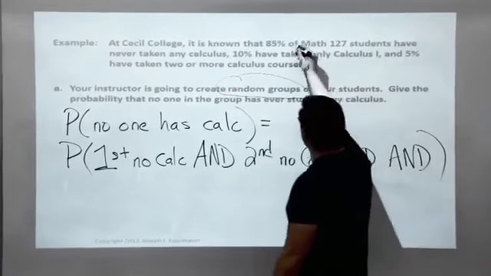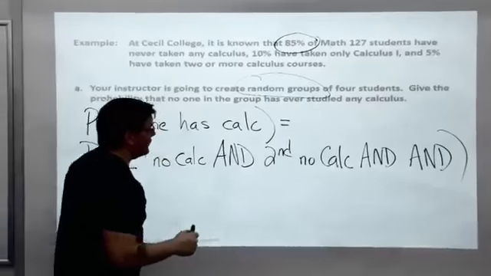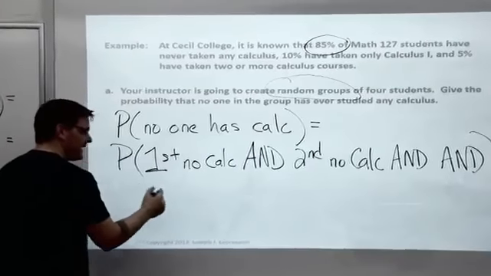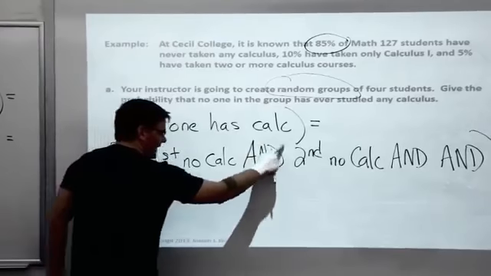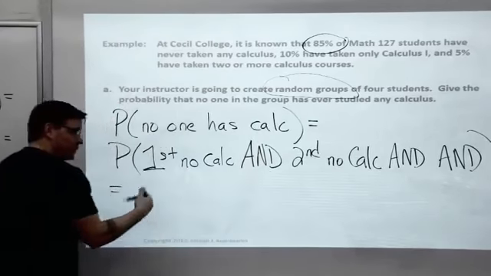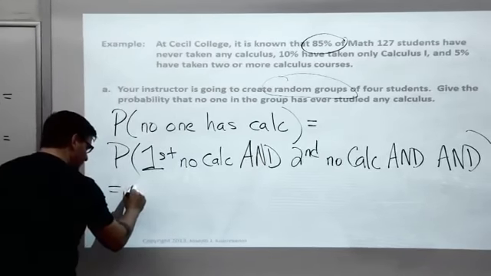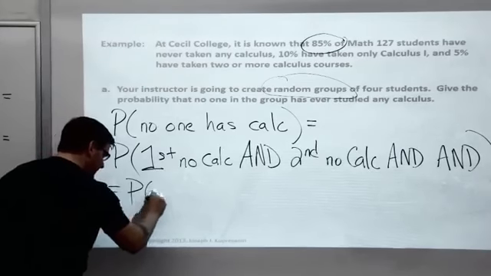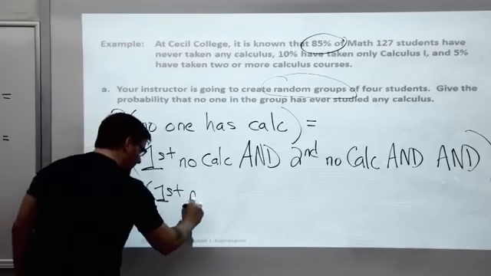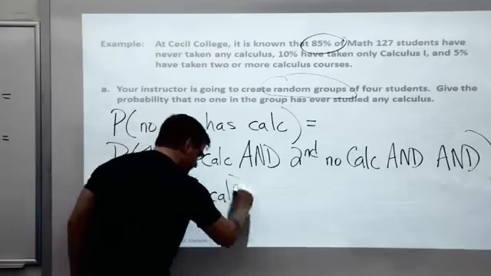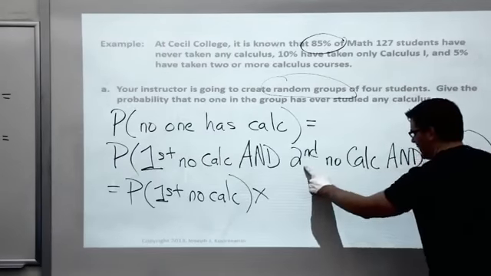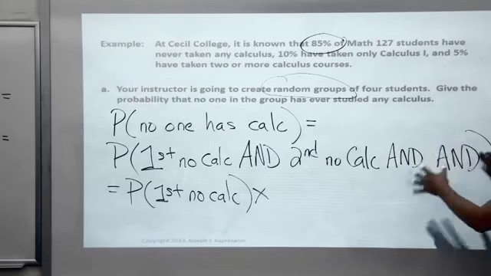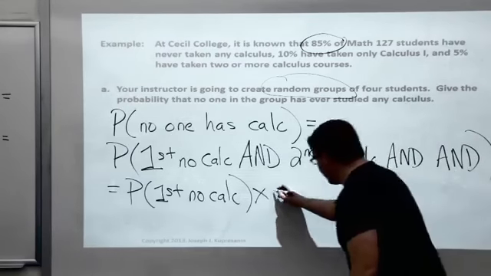We know that 85% of Cecil Math 127 students have never had calc. Because you were put into your groups at random, and I'm doing an and, all I do is multiply. This is probability first person had no calc, times second person had no calc, times probability third, times probability fourth.